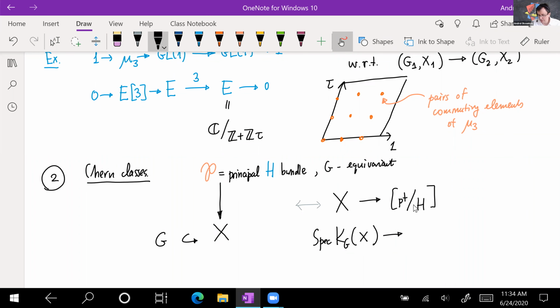Well, to unravel the definition, what does it mean to have a K theory of a stack? It just means you have the quotient stack, that means you have the covariant K theory of the pre-quotient. So this is going to be from the spec of K of G cross H of a point. That map you can call the Chern class.